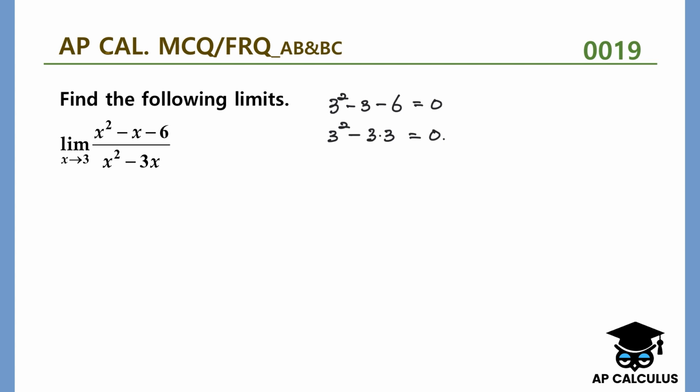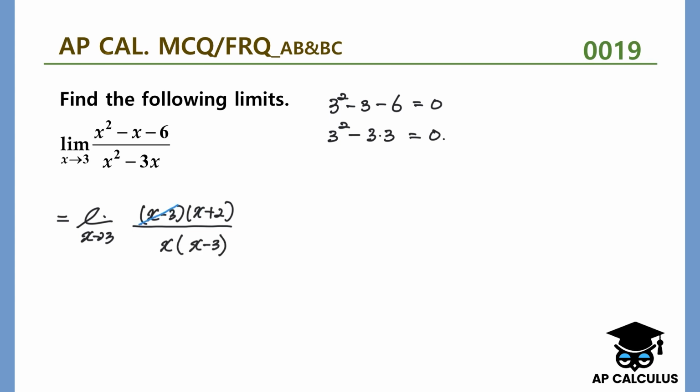If both the numerator and denominator are equal to 0, we want to simplify each. For the numerator, if we factor it, that's x minus 3 times x plus 2. Denominator, x squared minus 3x, we can factor out x minus 3.